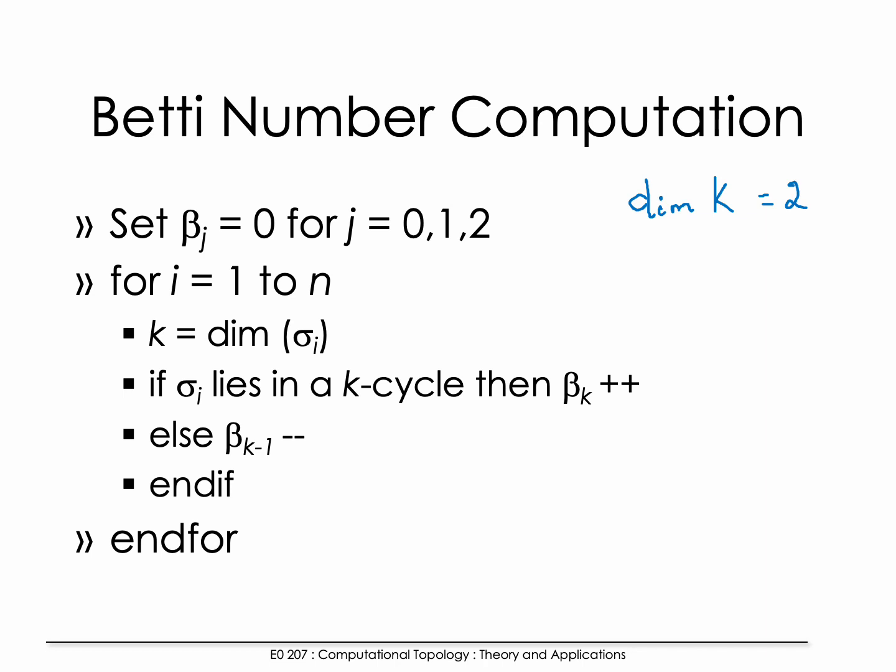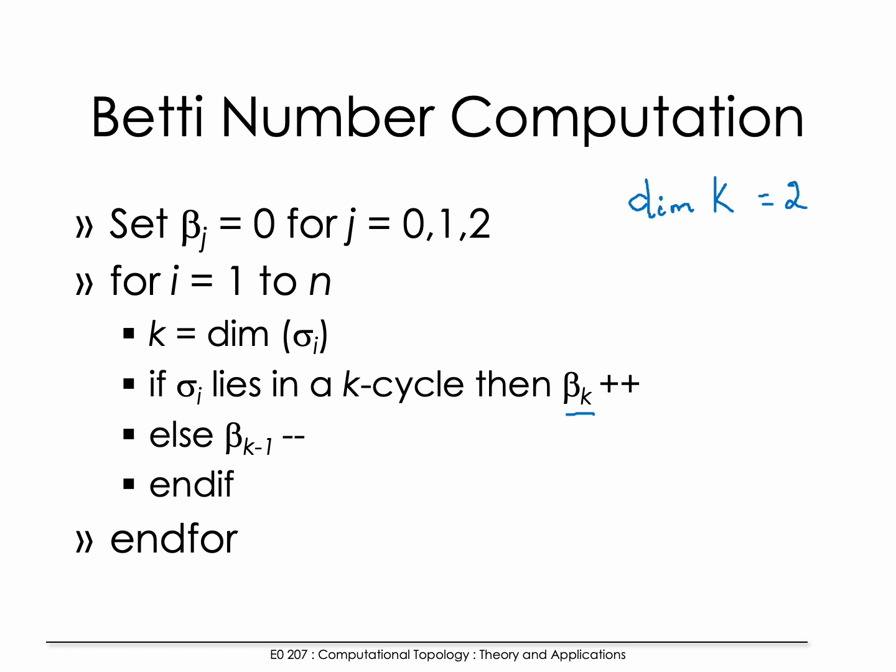And if sigma sub I is inserted in the ith step, let's say that little k is the dimension of sigma sub I. Sigma sub I could either lie in a k cycle, as in it forms a k cycle, in which case we increment Betti sub k. We saw that this creates a new homology class, and hence the rank of the kth homology group increases by 1, and hence Betti k increases by 1.